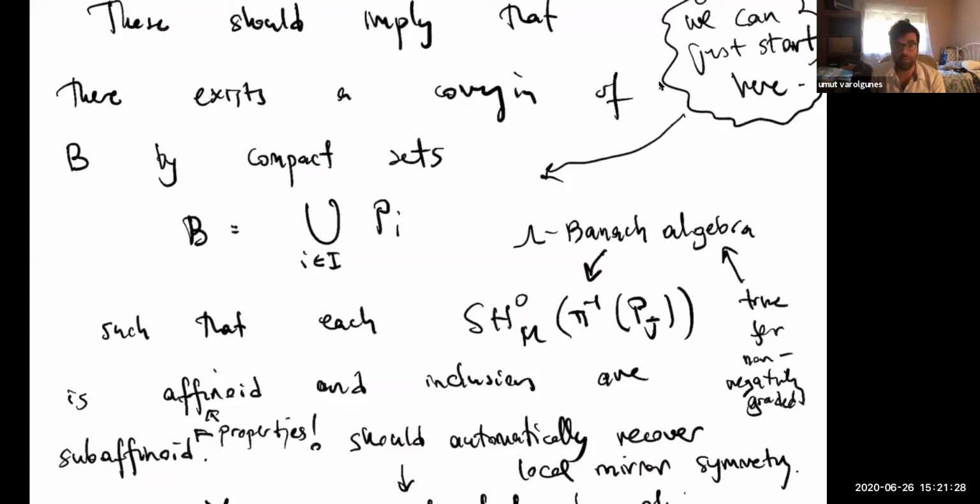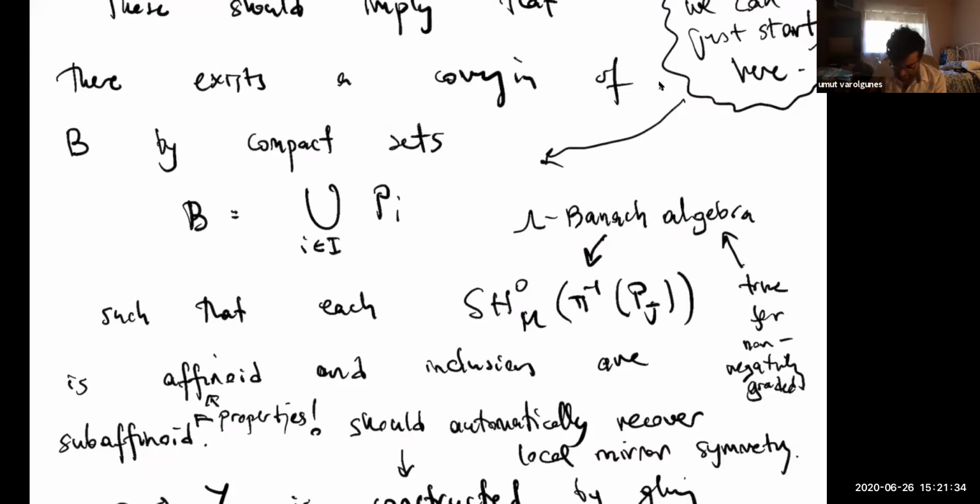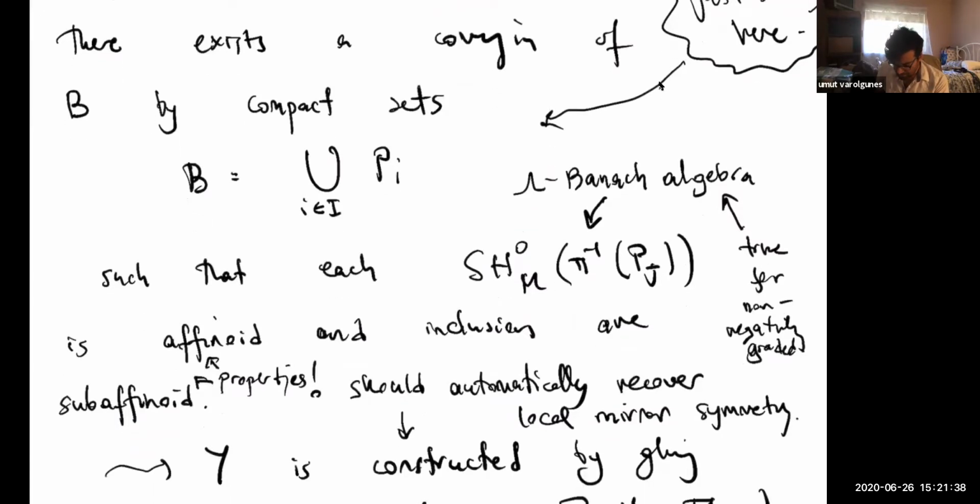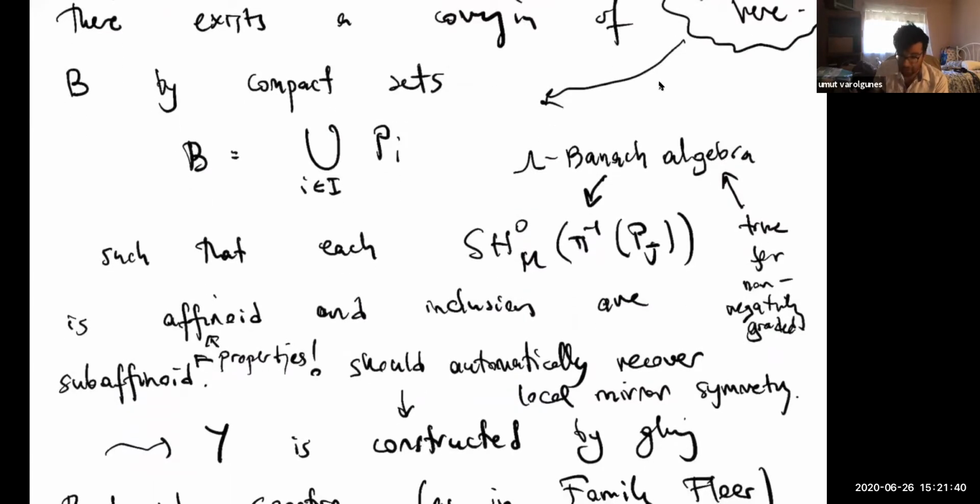So this is a property, and I'm hoping that this general setup will tell me that this holds. There's one more thing, which is that you should also look at the restriction maps, and the restriction maps should also give you maps of algebras that correspond to inclusions of sub-affinoid domains.